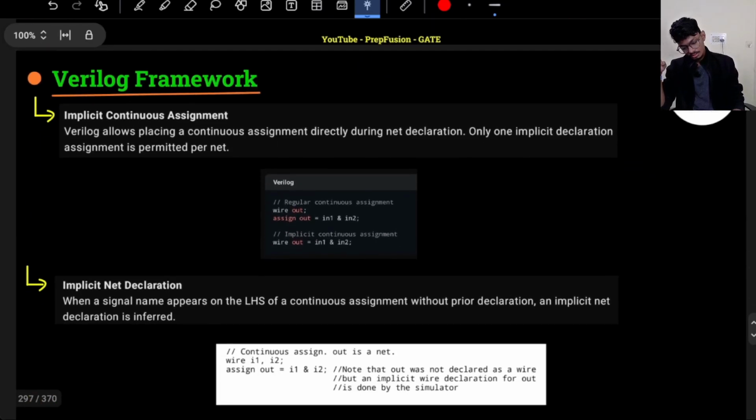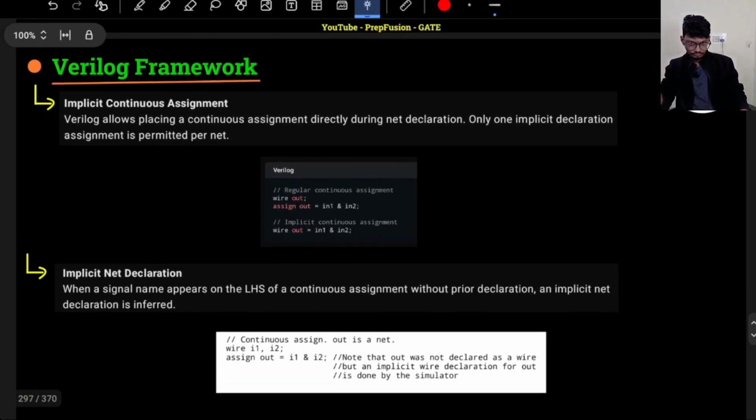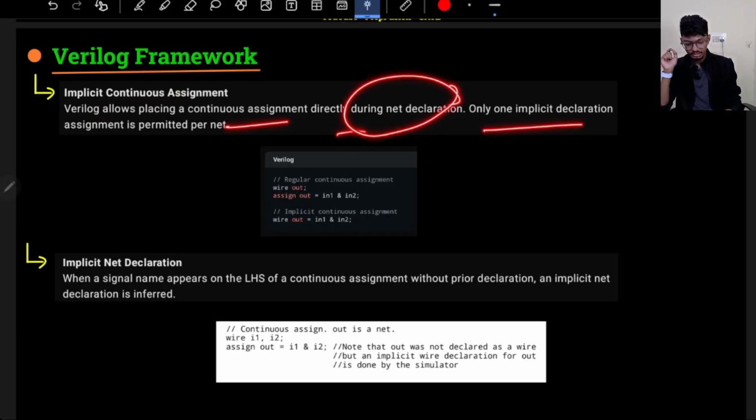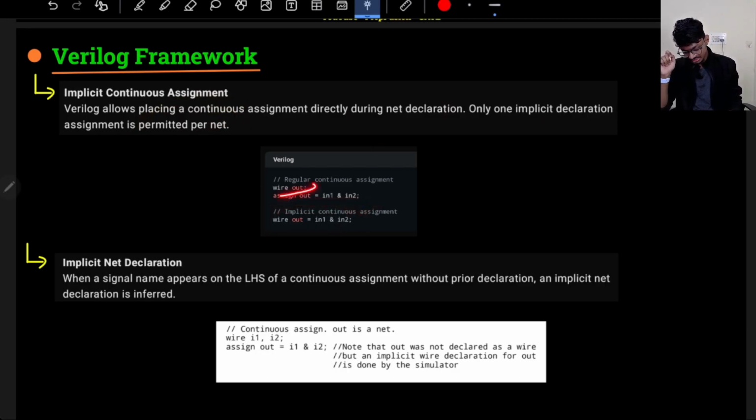Okay, now let's understand implicit continuous assignment. Verilog allows placing continuous assignment directly during net declaration. Only one implicit declaration assignment is permitted per net. What does it mean? Basically, if I want to assign a value here, out in one, I can directly do it. So while initializing, if I want to assign a value, I don't need to write assign.